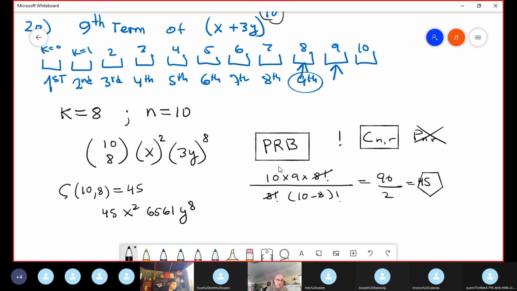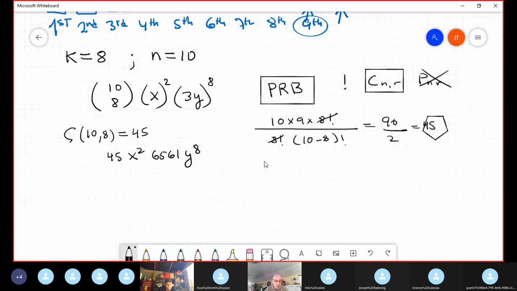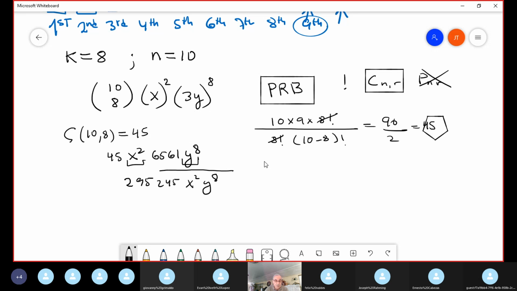And when you multiply 45 times 6,561, the answer is 295,245. With x squared, don't forget the variable, and y to the 8 power.